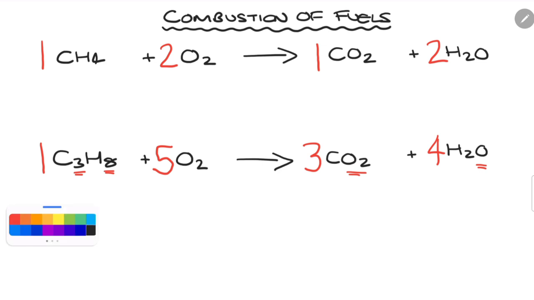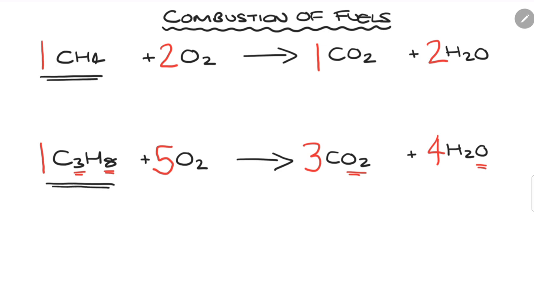And so what you can hopefully see there is that in order for 1 molecule of methane to fully combust in the same way that 1 molecule of propane will combust, we need an increasing amount of oxygen.